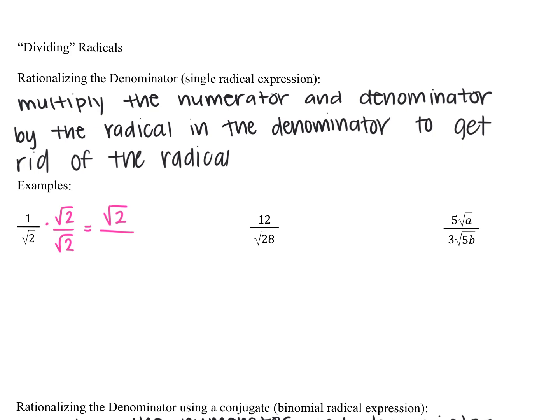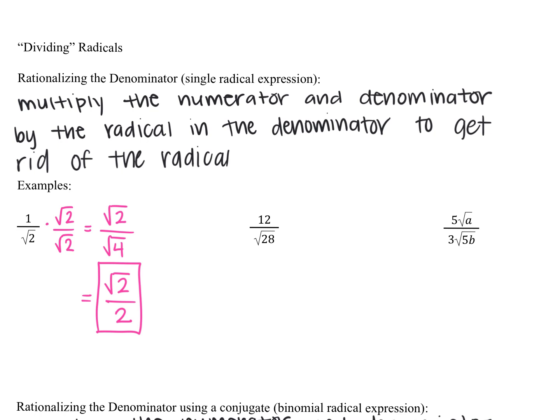And then square root 2 times square root 2 gives me the square root of 4. Now I want to see if I can simplify any of my radicals. The square root of 2 can't simplify, so it stays square root 2. But the square root of 4 is 2. So I end up with the square root of 2 over 2. And that's as simplified as it gets.